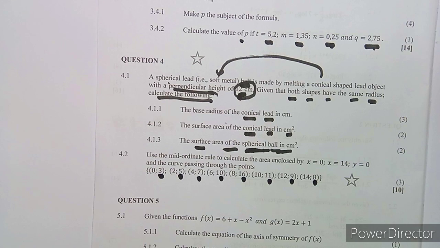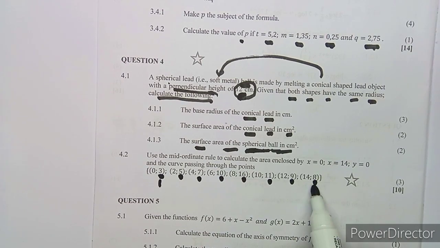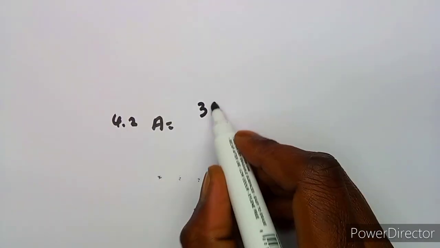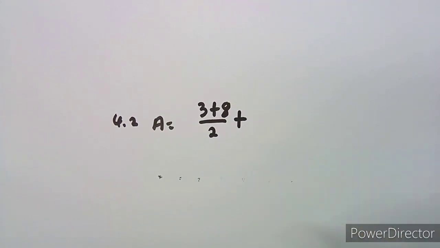The x is there to give you the values of x. They are the ones which give you the interval, the distance between the points. Okay, so which means this is your first and this is your last. So 3 plus 8. All right, so it's first ordinate plus last ordinate over 2, plus the sum of the remaining. So these are the remaining that you have to add.